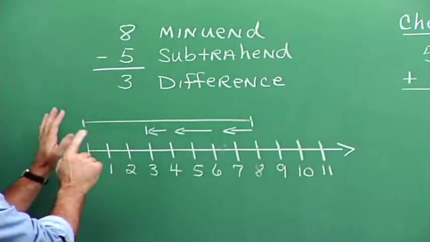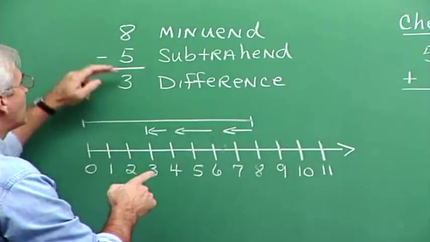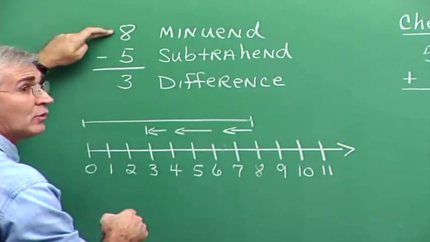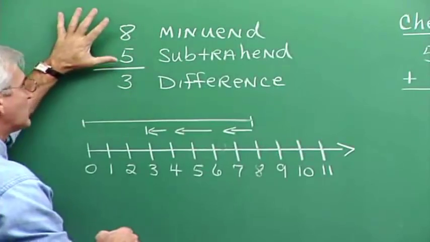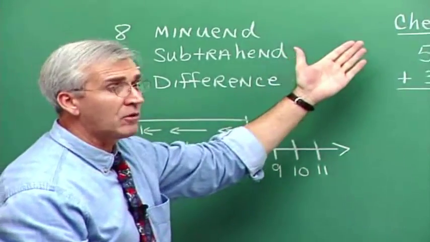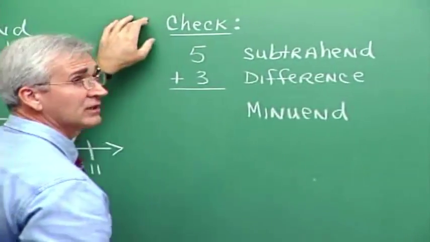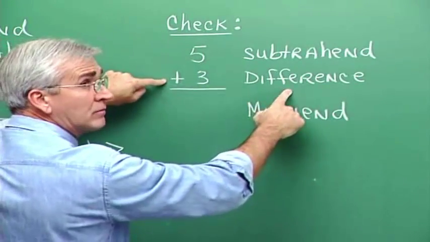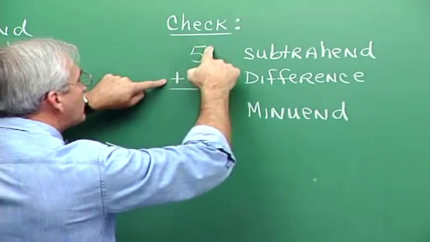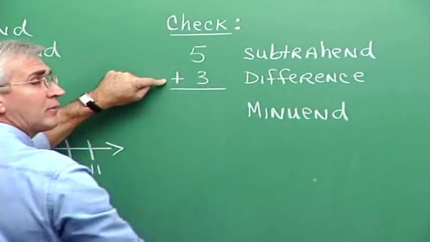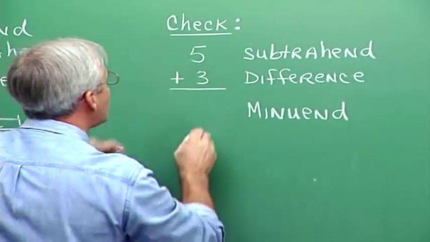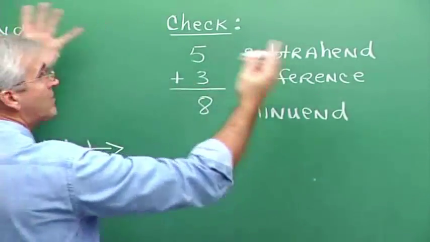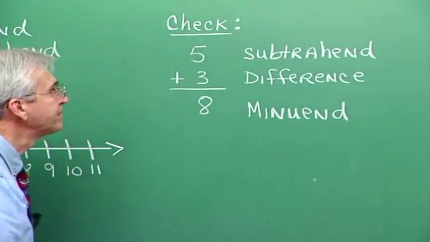Subtrahend plus difference is equal to minuend if this is correct. So let's take the subtrahend and add the difference. Do we get the minuend? Well, 5 and 3, that's 8. And 8 is indeed the minuend, so we must have done the problem correctly.